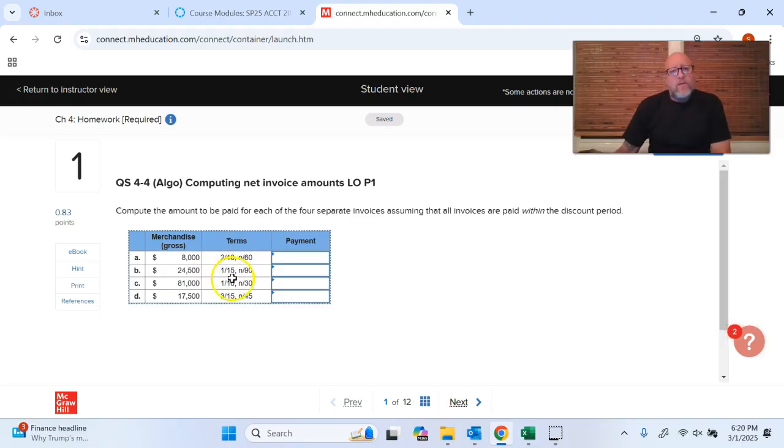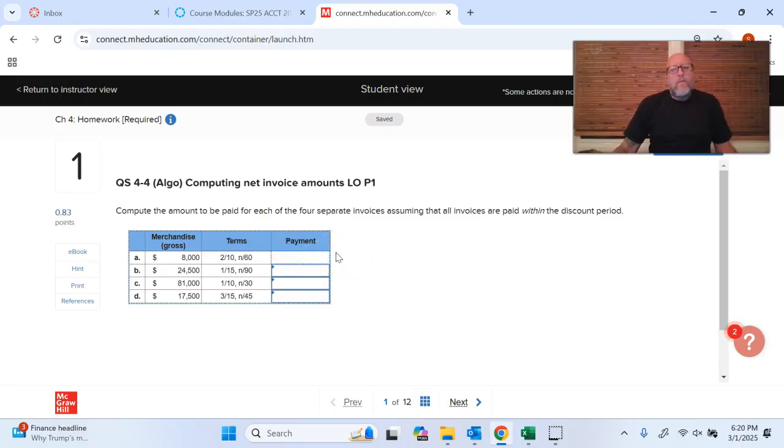The following one is 1% within 15 days. Otherwise, going back to item A, you have to pay the full amount in 60 days. Anything between day 11 and day 60.